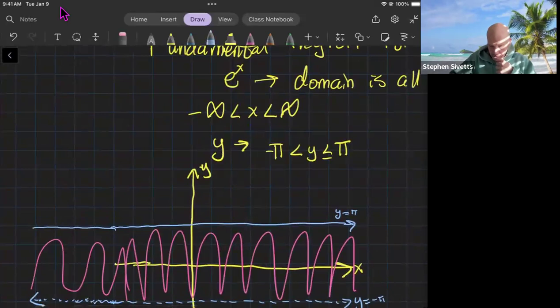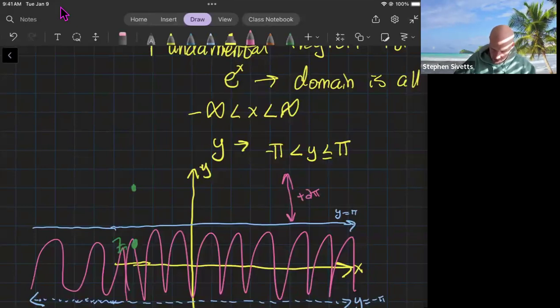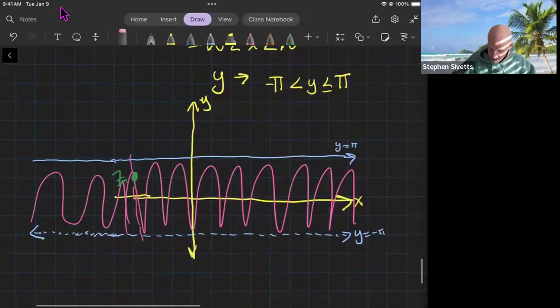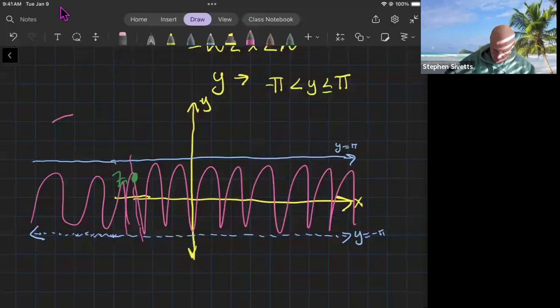Right. And so if I were to pick different values for z in this strip, we would get the same exact value if we increase by 2 pi. So if I add 2 pi here, I can still get the same value, right? So that's why we construct this fundamental region. Okay, so this here is the fundamental region for the exponential function.